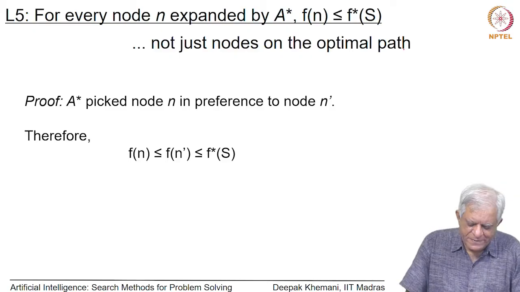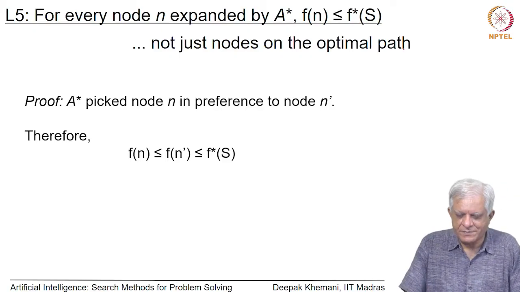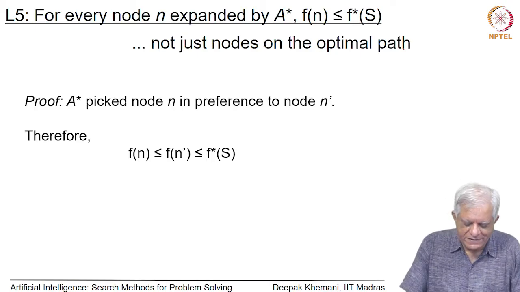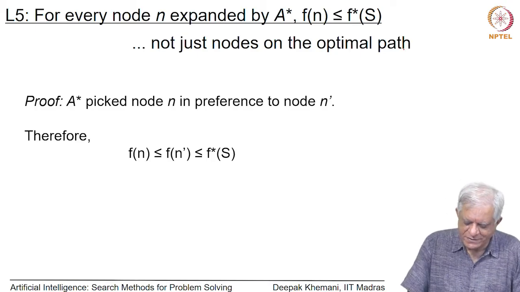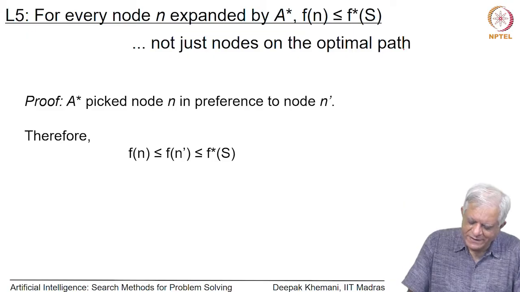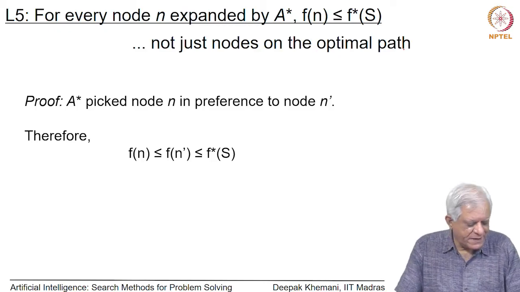So, f of n must be less than or equal to f of n prime, and under such conditions f of n can be picked by the algorithm A star. But we have already shown in lemma 2 that f of n prime is less than f star of s, which is the optimal cost. So, therefore, the estimated cost f of n for any node that A star picks must be less than the optimal cost.